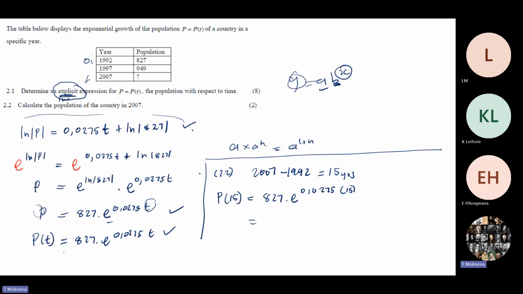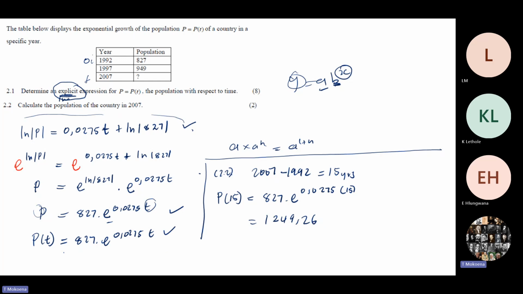When we punch everything into our calculators, 827 multiplied by the exponent of 0.0275 multiplied by 15, on my calculator, you can also confirm, I get 1,249.26.